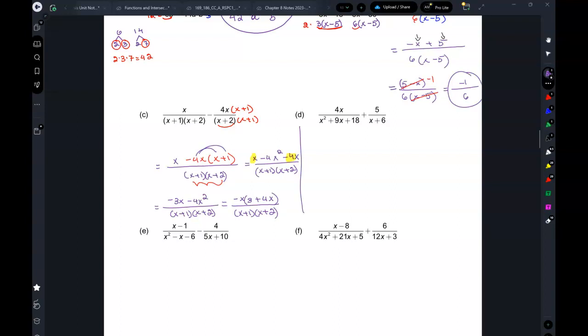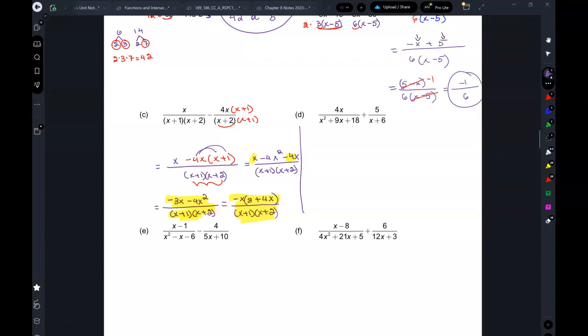I can't, so I'm done. Also, if we were not going to cancel anything out, you could have also left it this way or this way. If by factoring something out, you are not going to be able to reduce further, you are not required to factor out. Okay, let's take a look at this one.